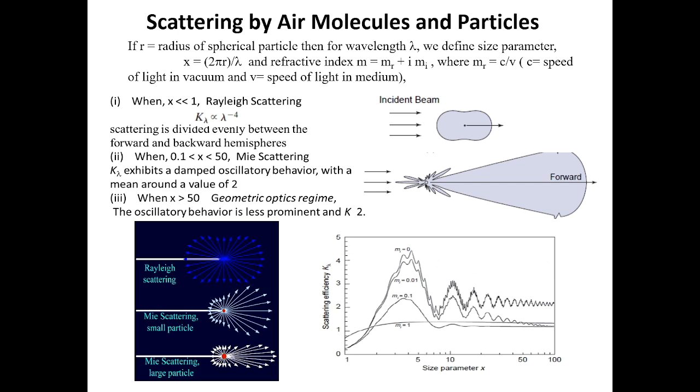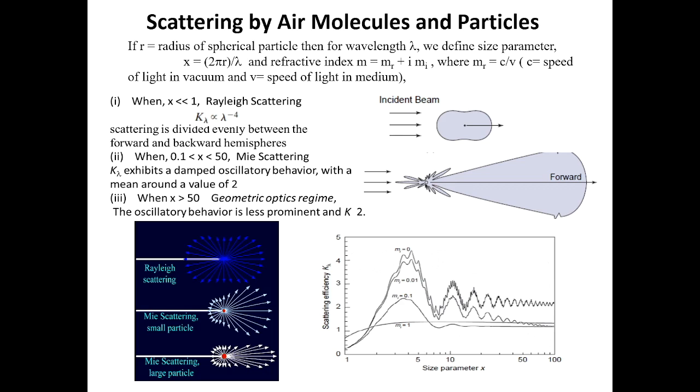When these particles are comparable with the wavelength of the radiation falling on them, that is, not very large in size but of a moderate size, particularly in the range of a few micrometers, then the scattering which takes place is called Mie scattering.